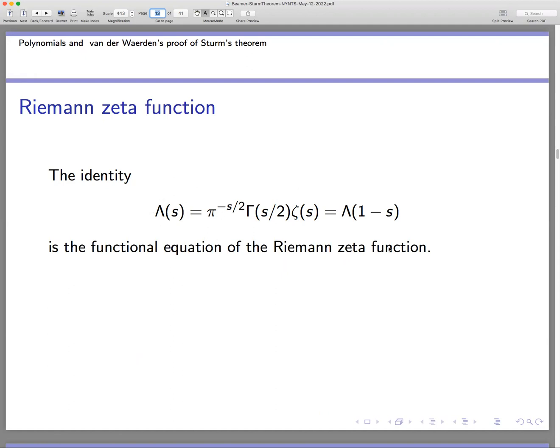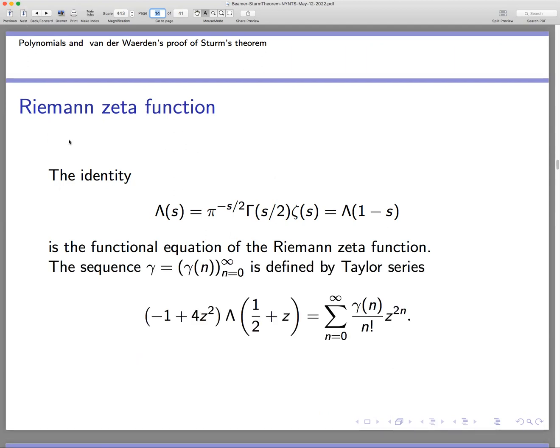You're using this lambda of s equals lambda of 1 minus s. And I want to look at something slightly different. I want to take this function at a half plus z times minus 1 plus 4z squared. So this has a nice Taylor series that looks like this.